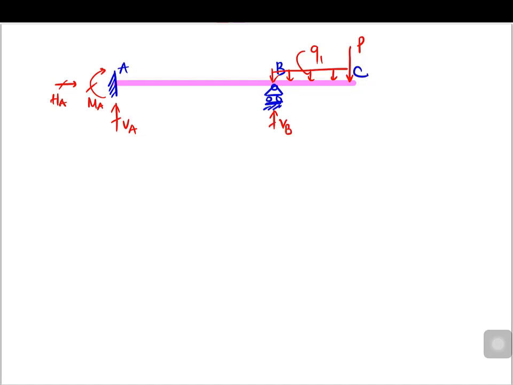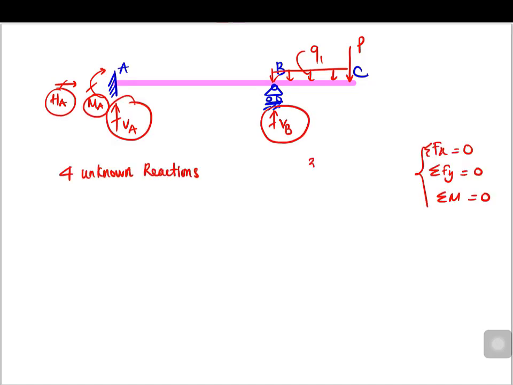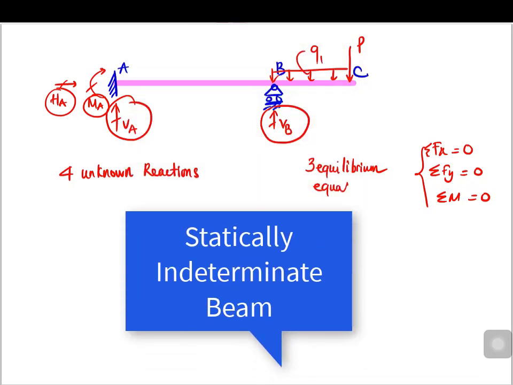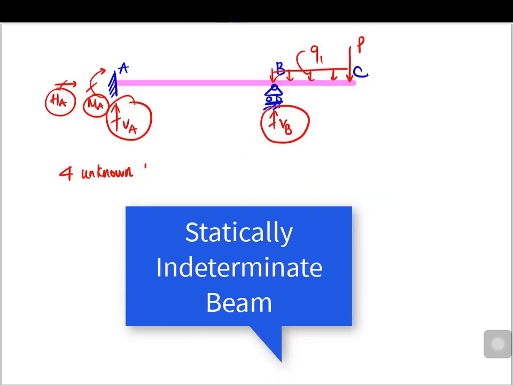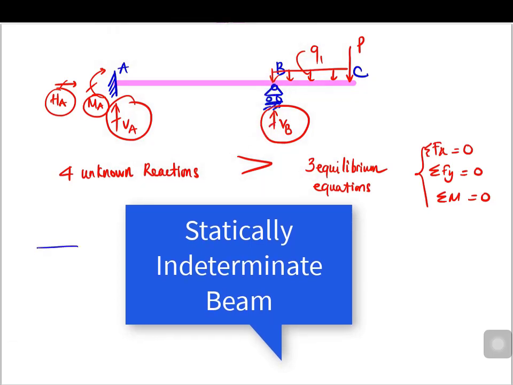If the beam is constrained by additional supports, such as in continuous beams, it is statically indeterminate, and the solution is not possible using the laws of static equilibrium alone. We will discuss this later in the following videos.